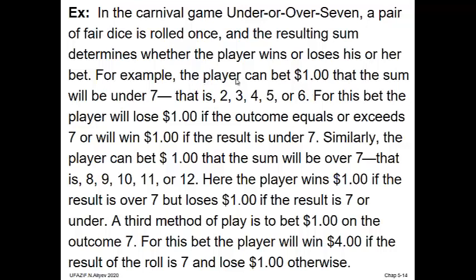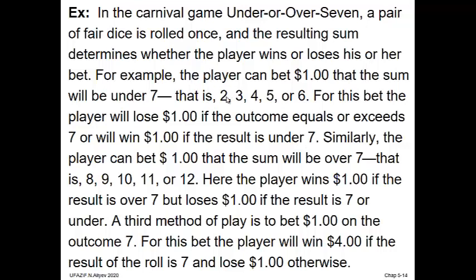Look at the first case: the player can bet $1 that the sum will be under 7, that is 2, 3, 4, 5, 6. For this bet, the player will lose $1 if the outcome equals or exceeds 7, or will win $1 if the result is under 7. Okay, stop here. This is the first game. Let's find the probability of winning here.